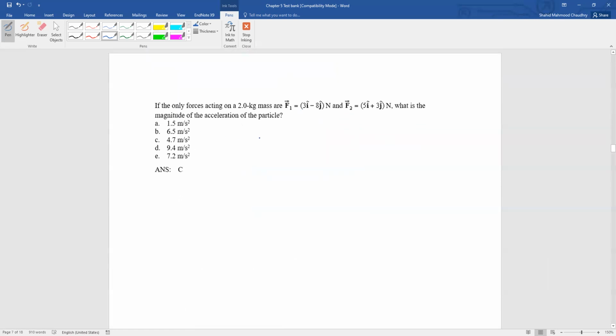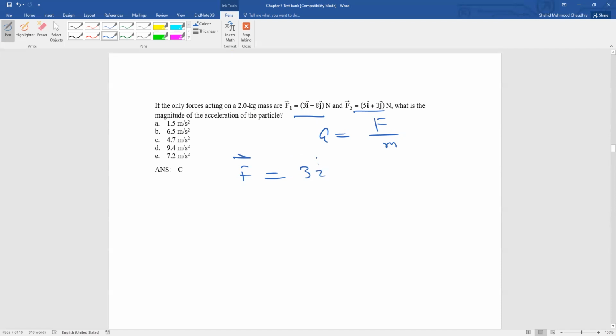After this, here the forces are given in vector form. The question is, if the only forces acting on a 2 kg mass are F1 and F2, what is the magnitude of the acceleration of the particle? So we have to find the acceleration. Acceleration is force over mass, but we need the total force.